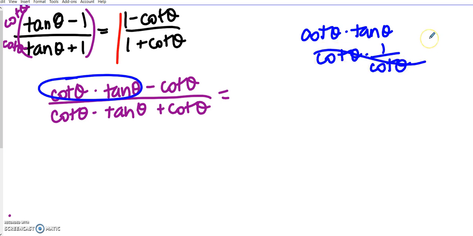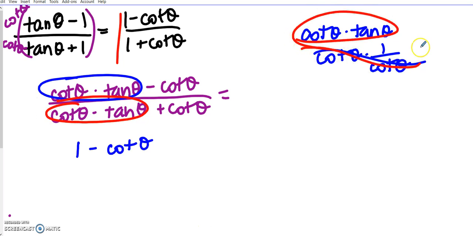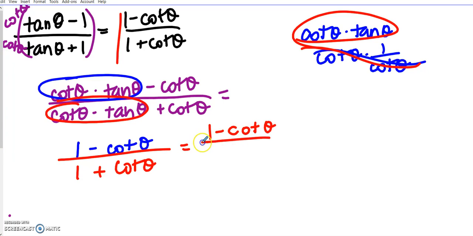And because they are reciprocals, this part in blue will just become 1, and then I still have that minus cotangent theta. This down here in red is another version of this right here, so those are still going to cancel. And I'm going to have 1 plus that cotangent of theta. And that is perfectly what I wanted to have on my right side.